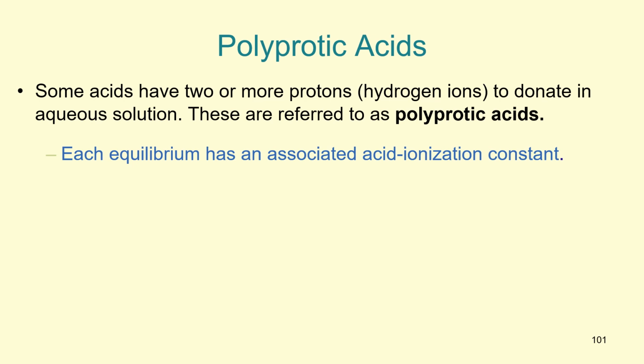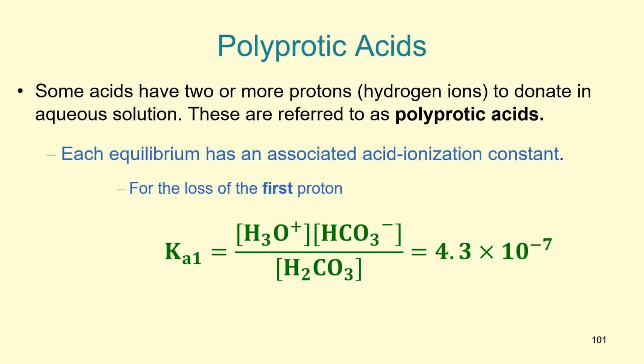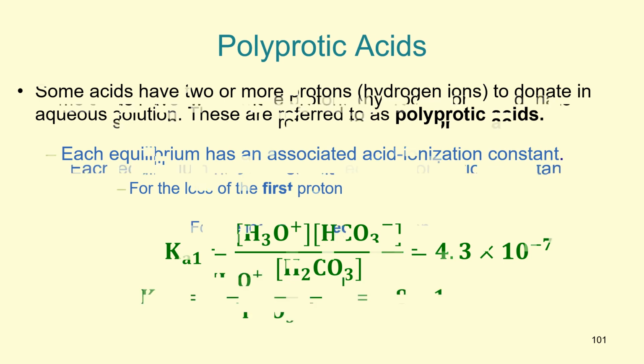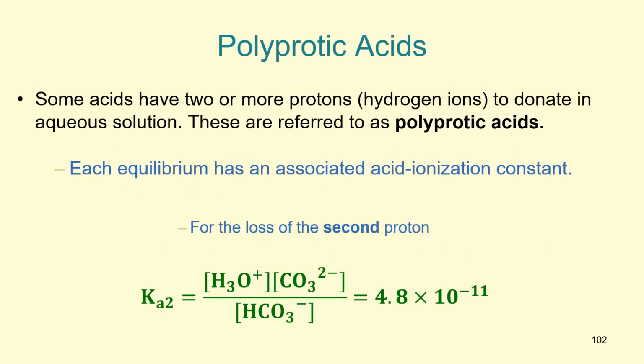But each one has a Ka value, like I said. So the Ka for the first one, if you look on the chart, is 4.3 times 10 to the minus 7th. So that's to lose the first H plus. And then the second one to lose the second H plus. And notice, like I said, it's a much smaller number, 4.8 times 10 to the minus 11. So that's why the pH is not really affected by the second equilibrium.